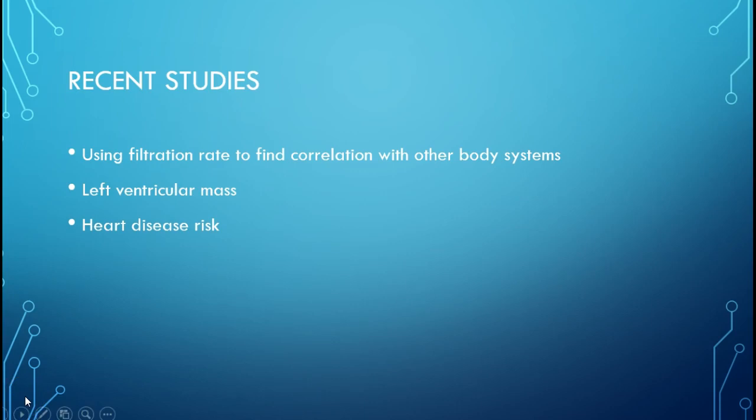Looking at that filtration rate, we can also make a prediction of the person's risk for getting heart disease, and then make recommendations on further treatment for both of these conditions, because as we've seen before, these two are very well interrelated, and they're going to be intertwined as far as what's going to happen if one affects the other.